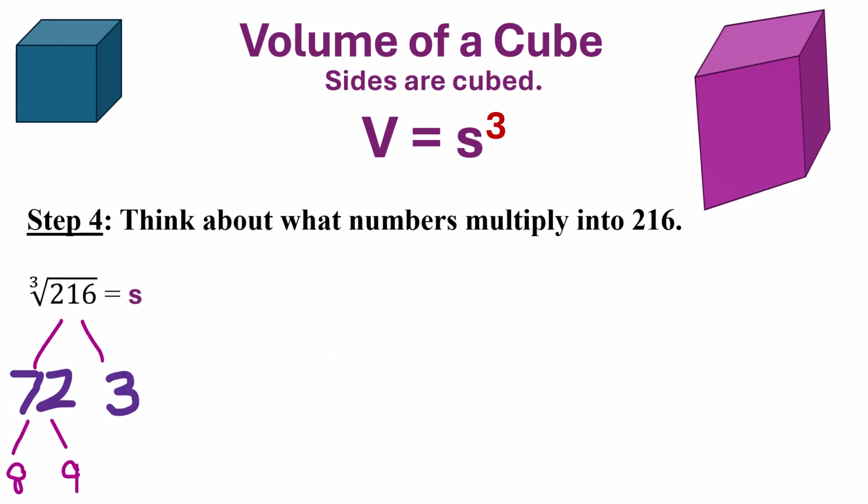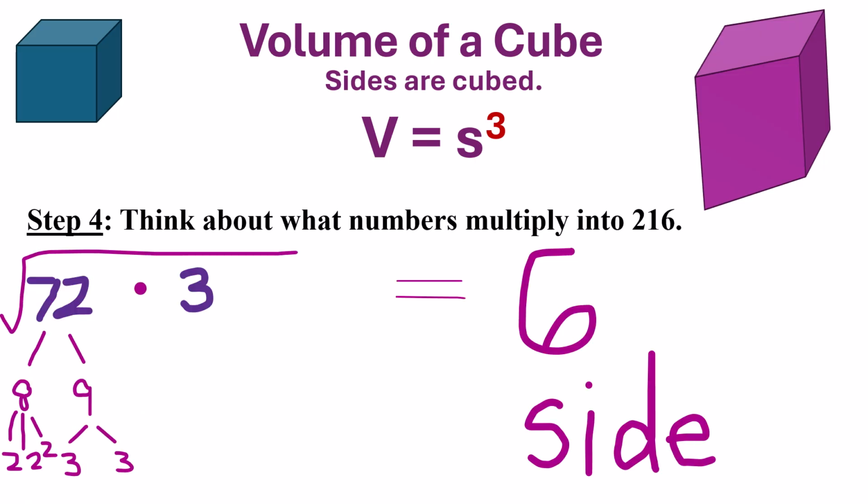Now, what are the roots of 72? Because it's not done. Well, 8 times 9 is 72 from your 8 times tables. So now you have 2 times 2 times 2 and 3 times 3. Guess what? You have 3 sets of 3s from here, and you have sets of 2s. Why did I do that? Because 72 is broken down. 3 was not broken anymore.